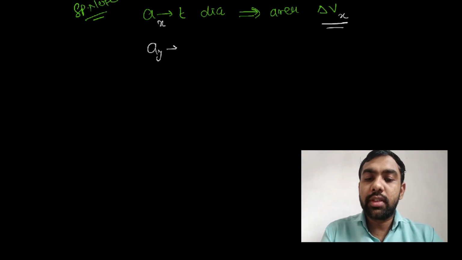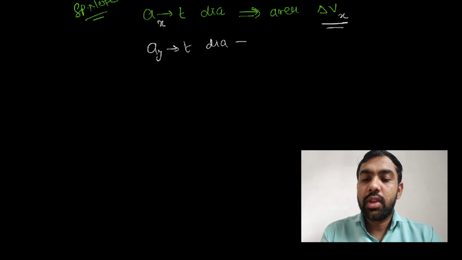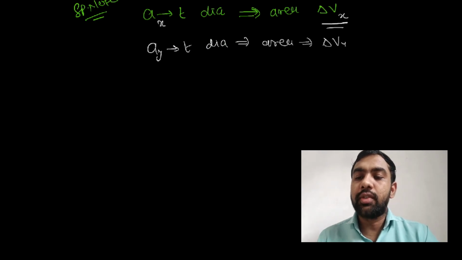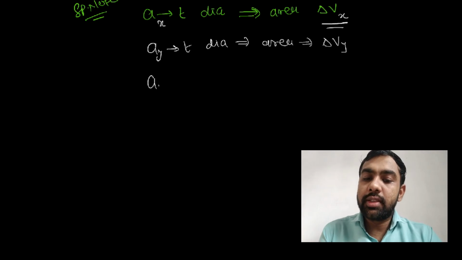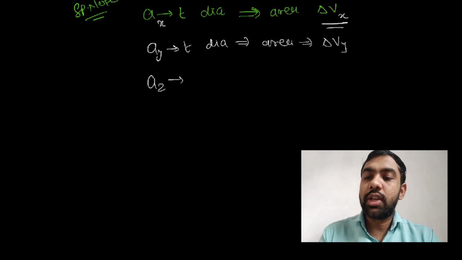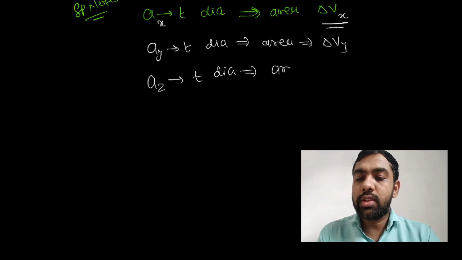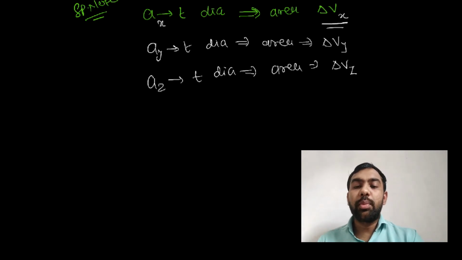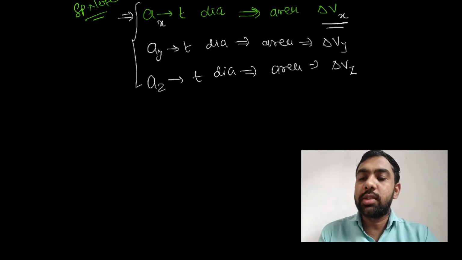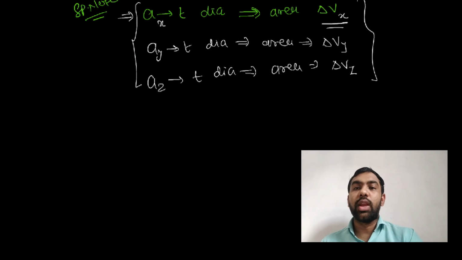Similarly, if you have an ay versus t diagram, then the area of this diagram gives us delta vy. Similarly, for an az versus t diagram, the area gives you delta vz. Means whatever concept you applied in one dimension, you apply all this concept in 3 dimensions, you get this whole answer.